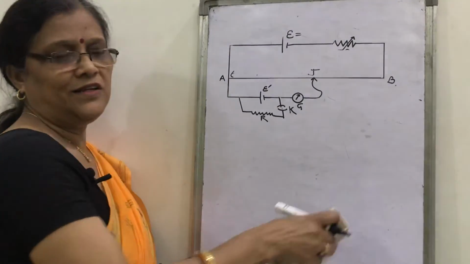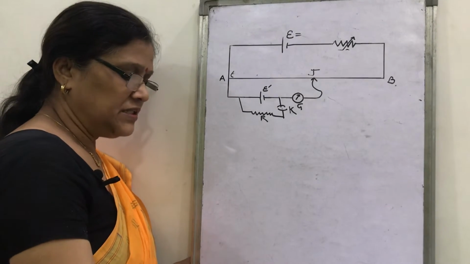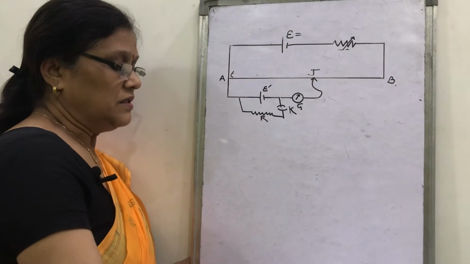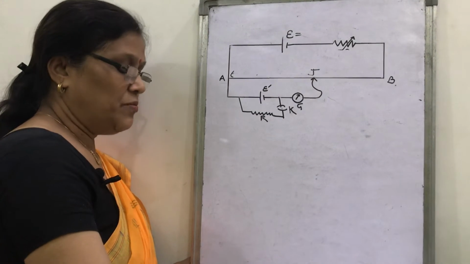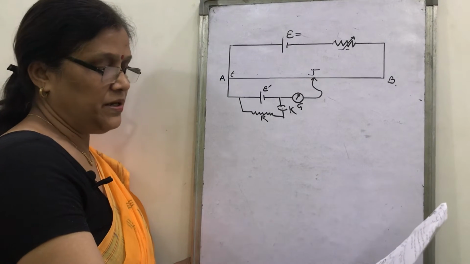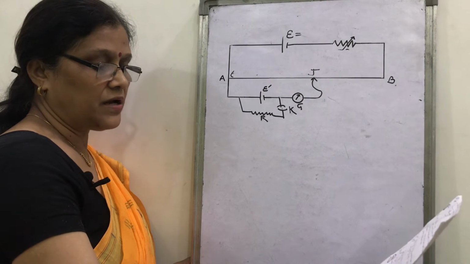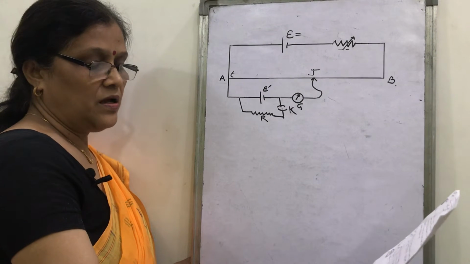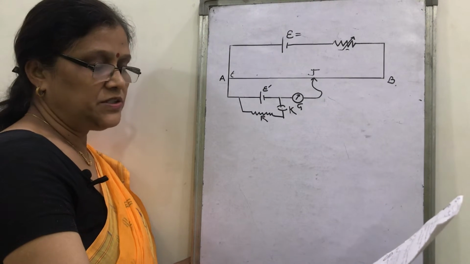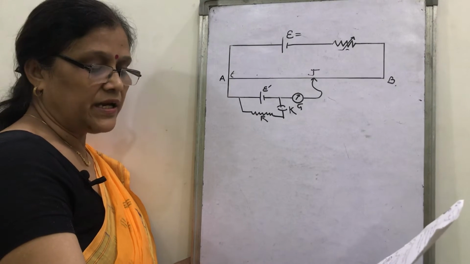Let us see the third question. In the third question, it is given that in the circuit there is a potentiometer wire of 100 centimeter length and a constant potential difference is maintained across it. Two cells are connected in series, first to support one another and then in opposite direction.